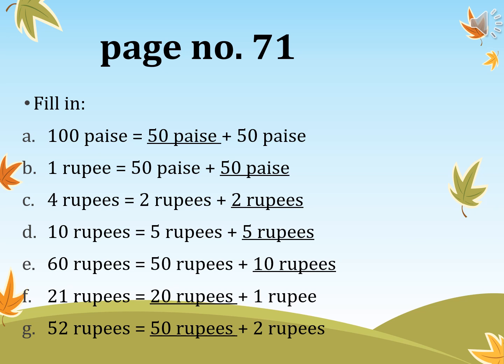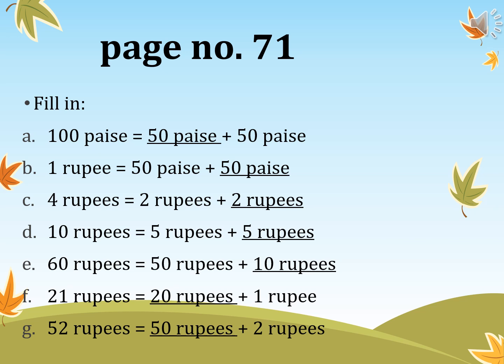Because it is written paise, so we have written 50. C part. 4 rupees equals to 2 rupees plus 2 rupees. If I am giving you 4 rupees and you gave 2 rupees to your friend, how many are left with you? So it will be 2.